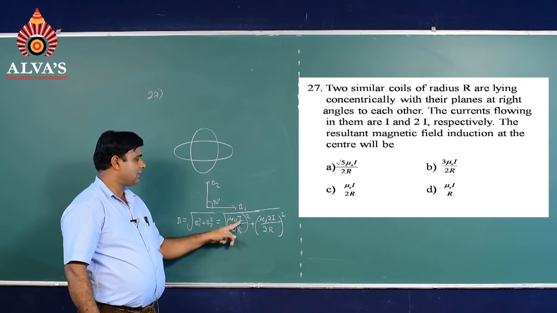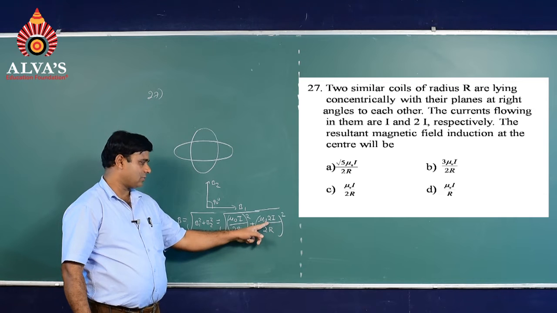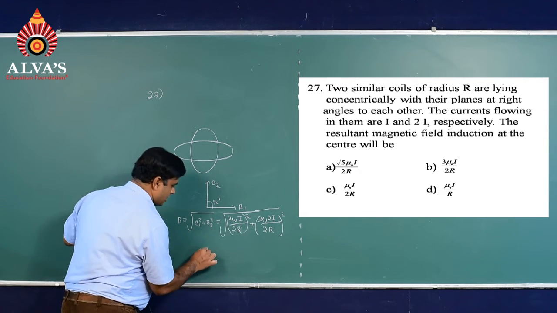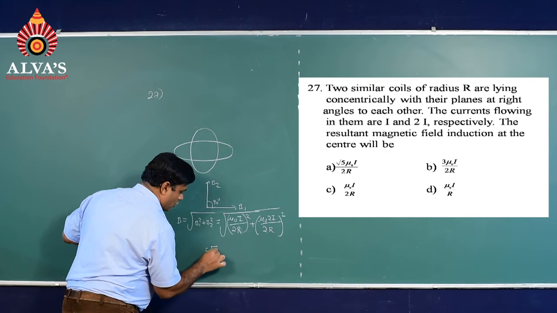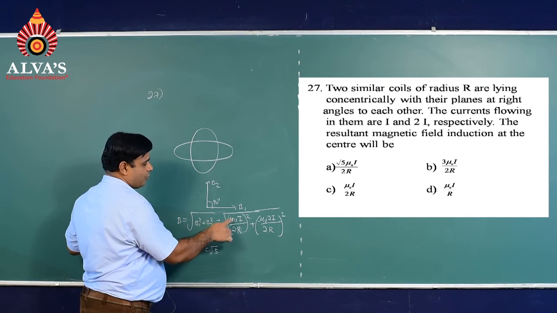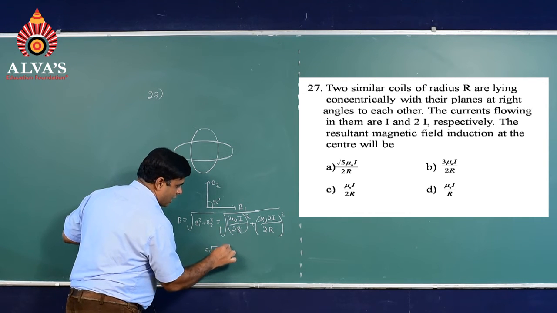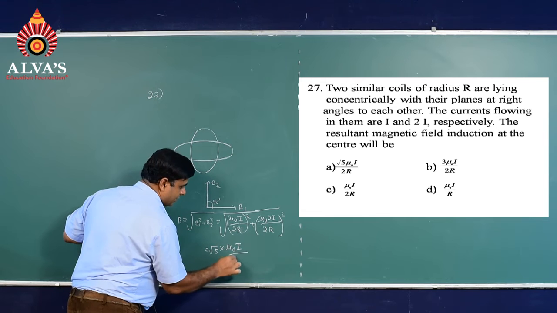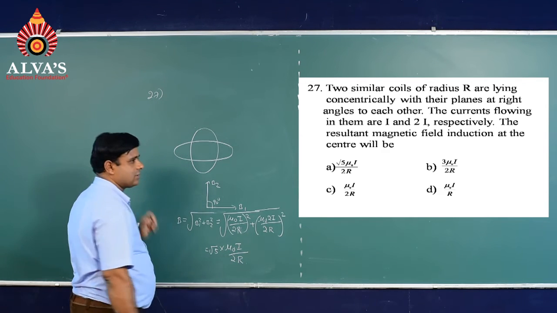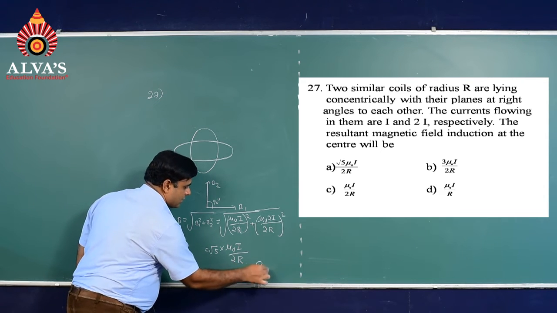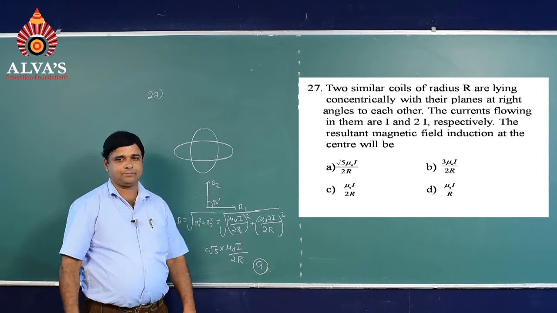Here 1 square is 1, 2 square is 4, 4 plus 1 is nothing but 5, within the root 5, remaining mu naught I by 2r whole square. If you take it outside the square root, mu naught I divided by 2r. So, the answer should be root 5 mu naught I by 2r. So, A is the answer.